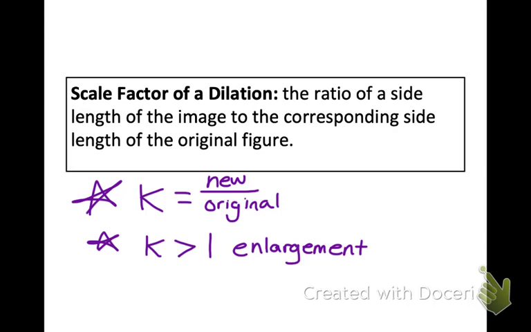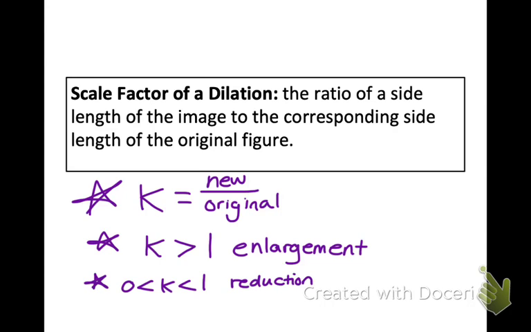Anything less than 1, but not including negative, so we stop at 0. If my k is in between 0 and 1, then it's going to be a reduction, meaning it's going to get smaller. So if my scale factor was 1/2, my shape's going to get smaller by 1/2. If my scale factor was 1/3, then my shape is getting smaller by 1/3. Okay?